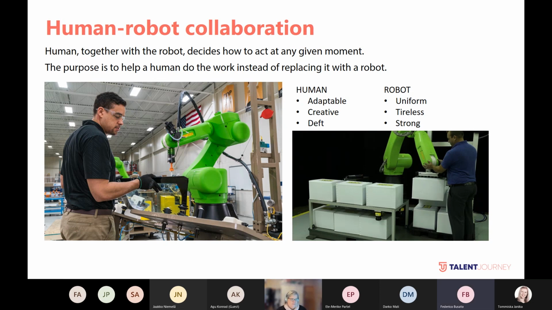Otherwise, it wouldn't be collaborative. It would be dangerous. Okay, thank you. So it can be programmed to move itself, and you can also use the control. A human can be there at a distance from the robot, and you can control it with the pendant. And then there's also this collaboration mode where the human takes the robot and moves it to the right position.